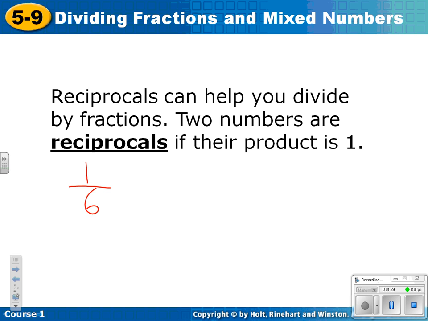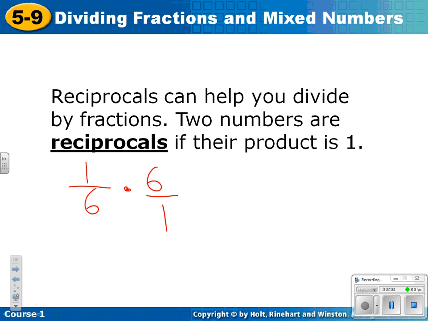What did you say it was when you first talked about it? So what is that number's reciprocal? Over 1, right? That's what you said it is. Correct?